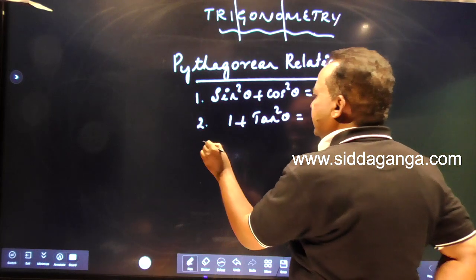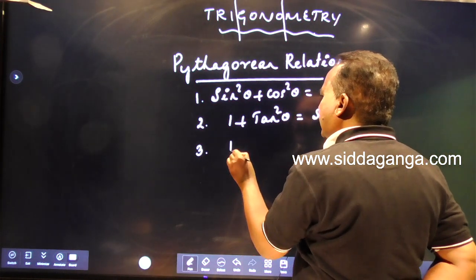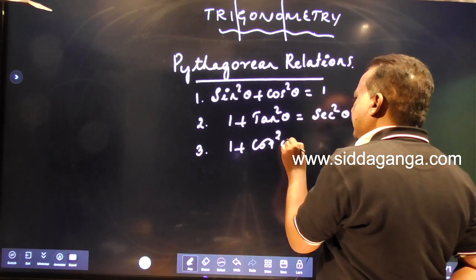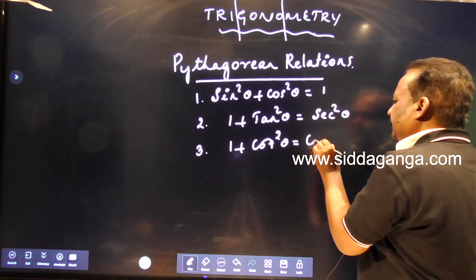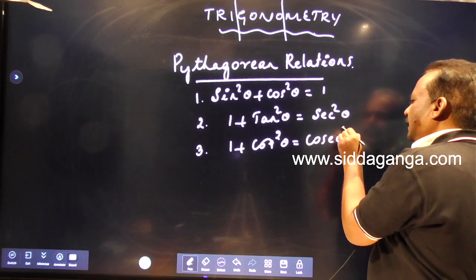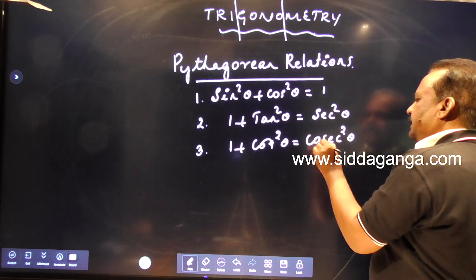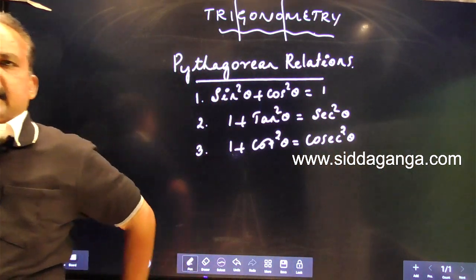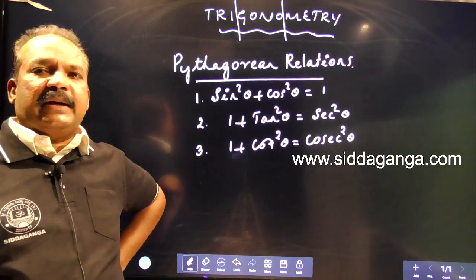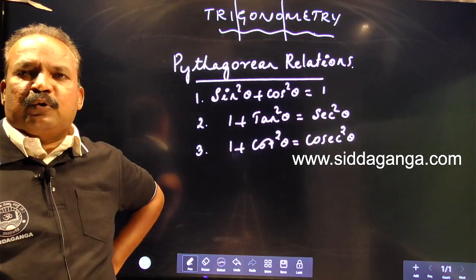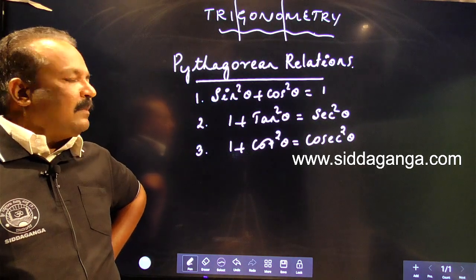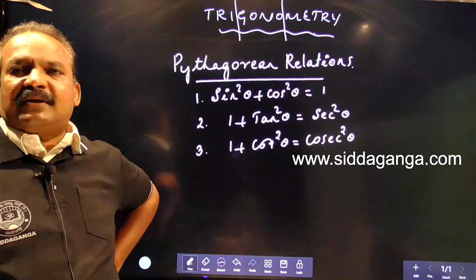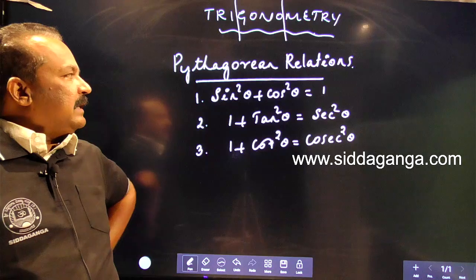And the third one is 1 plus cot square theta is equal to cosecant square theta. The first is sin square theta plus cos square theta is equal to 1. 1 plus tan square theta is equal to secant square theta. 1 plus cot square theta is equal to cosecant square theta.